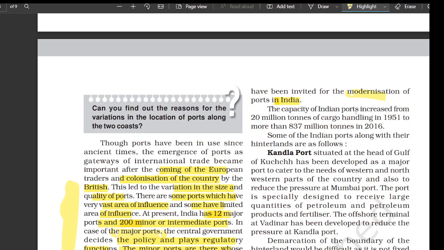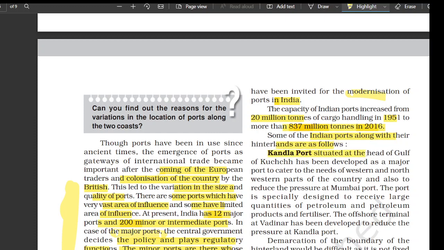The capacity of Indian ports has increased from 20 million tons of cargo handling in 1951 to more than 837 million tons in 2016. Some of the Indian ports, along with their hinterlands, are as follows.